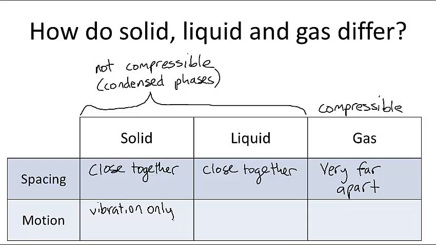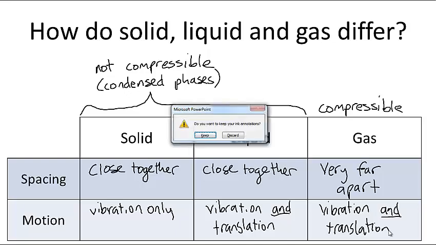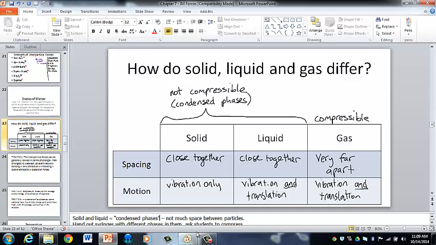Whereas in liquid and gas, you can have vibration and translation, which means moving from place to place. So I want you to have pictures in your head of what this looks like for each state of matter. So let's put those pictures there.